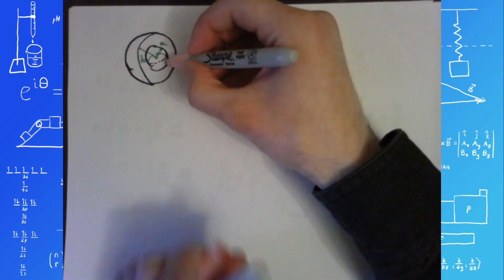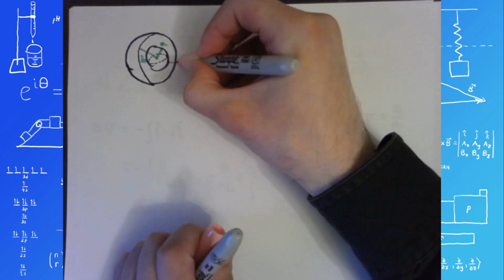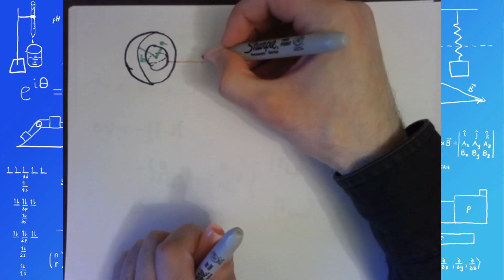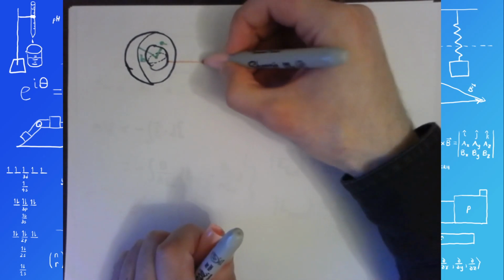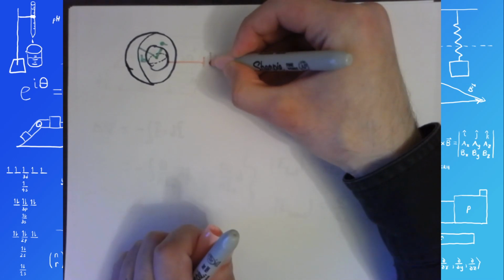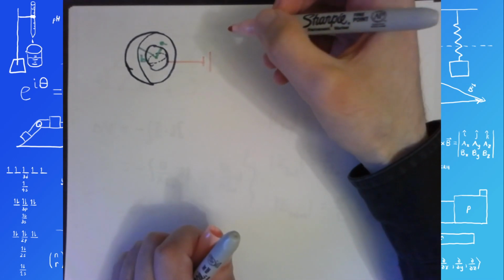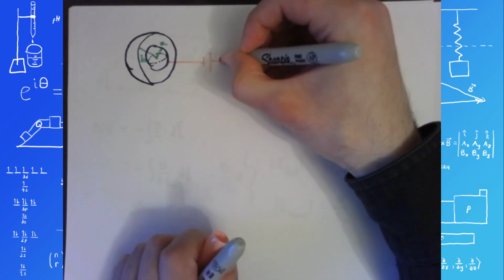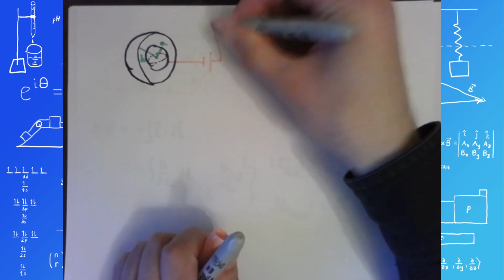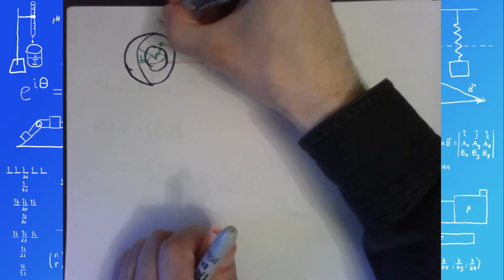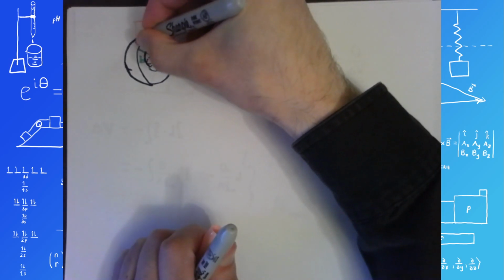I don't need to draw the battery here, but let's say that I did. Let's say that this connects to the negative end of the battery. It doesn't really matter too much which side is the positive and which side is the negative, but there we go.